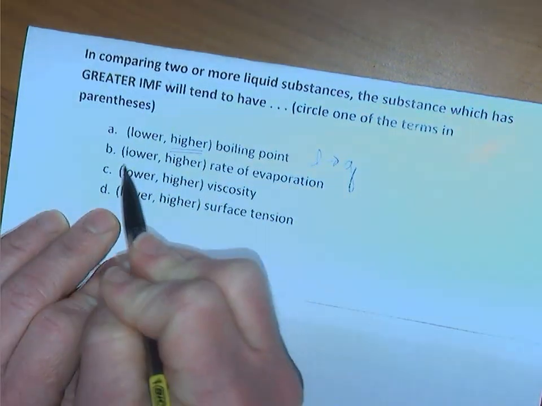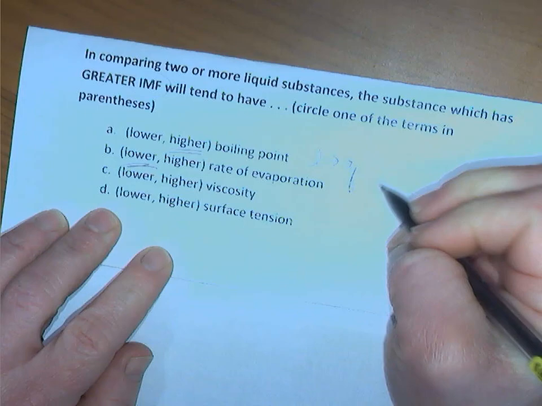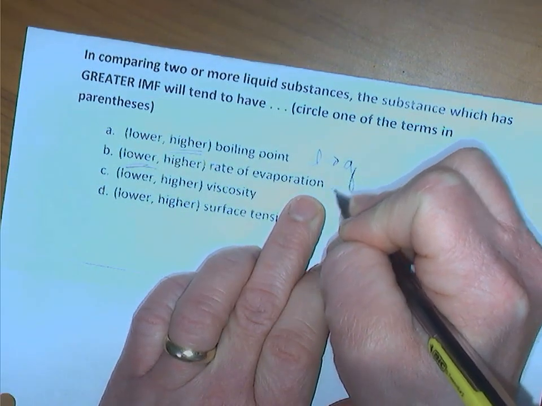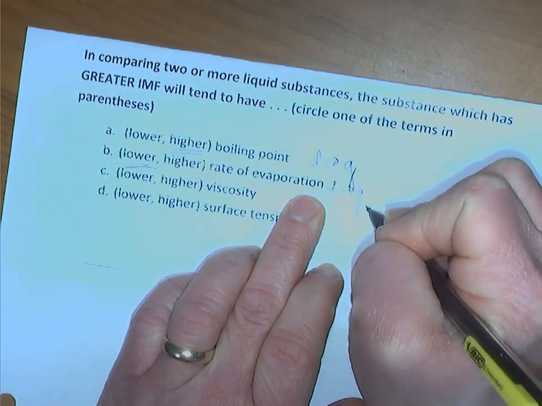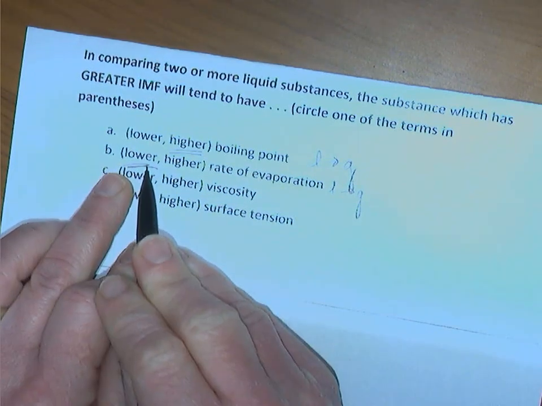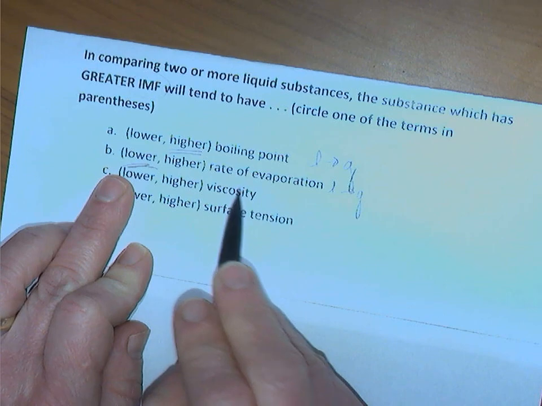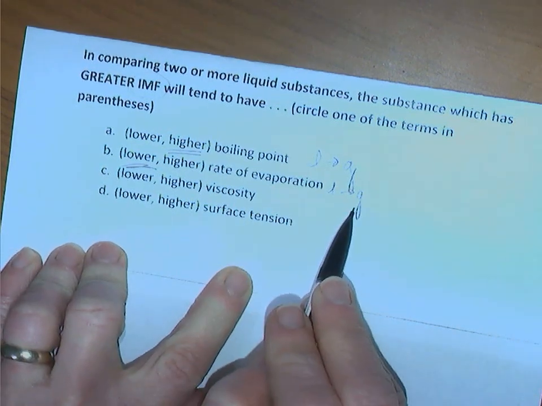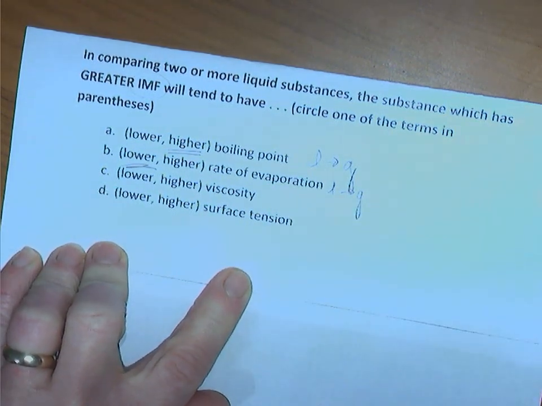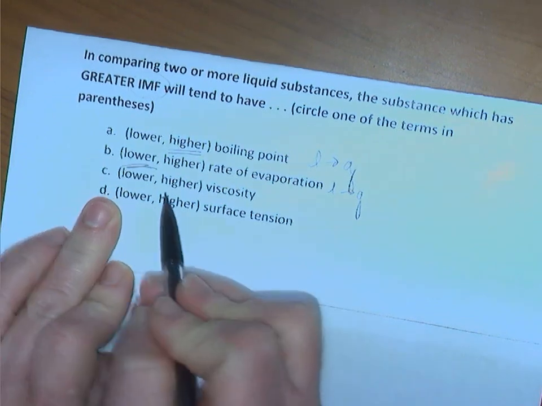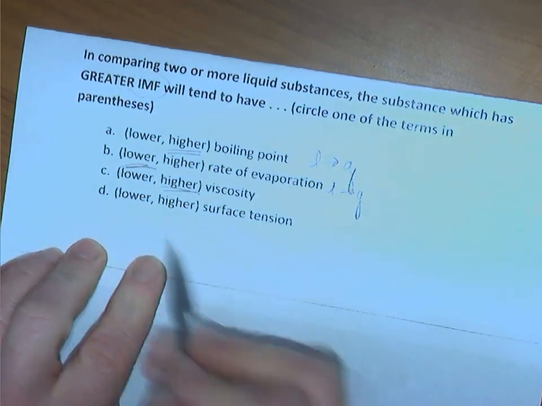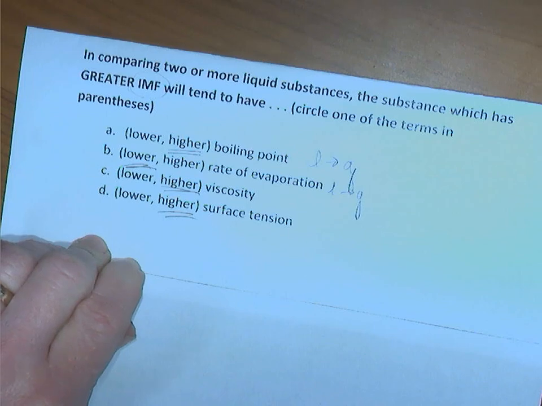The slower the rate of evaporation. Okay, that's where you're getting gas from liquid. Well, if you have to invest more energy because of greater particle attraction, it's not going to be creating a lot of vapor per a unit of time. The higher the particle attraction, the higher the viscosity, and the higher the surface tension.